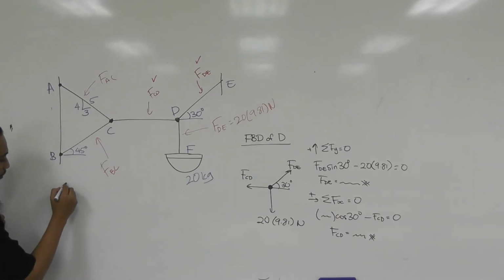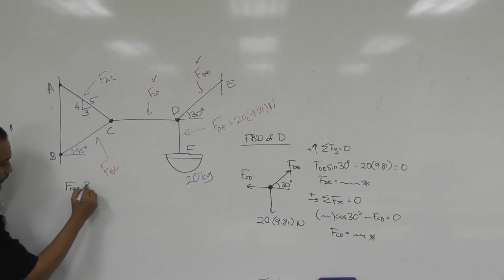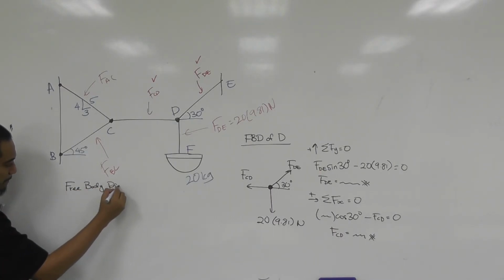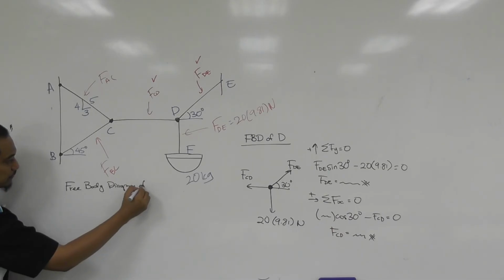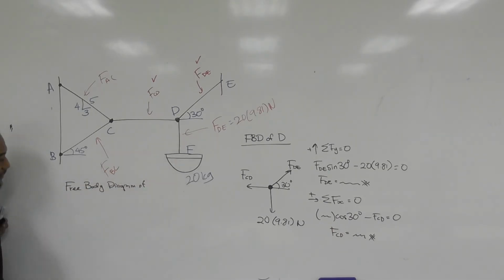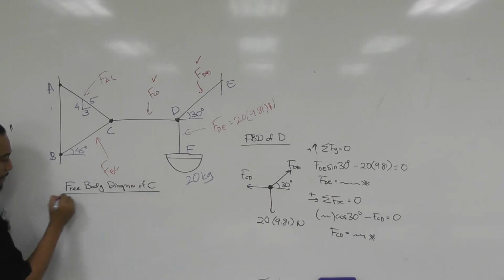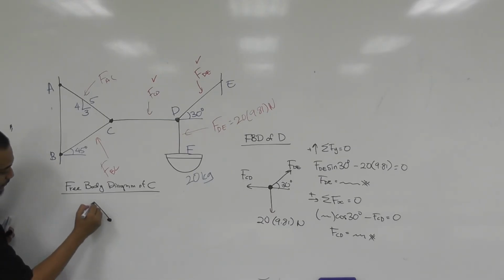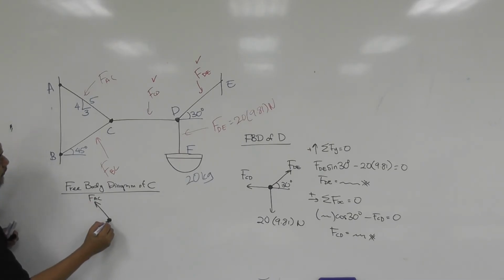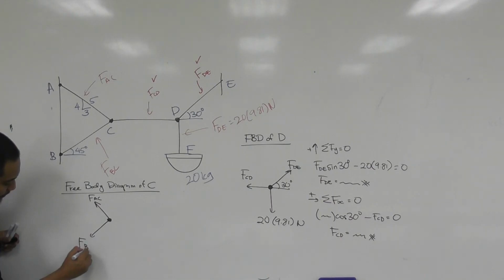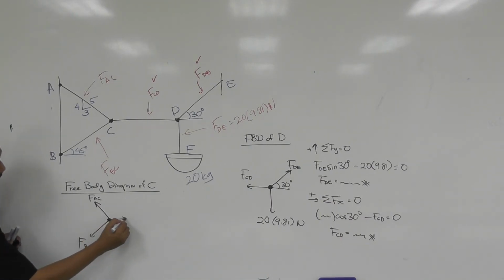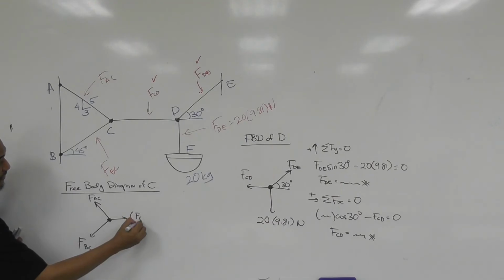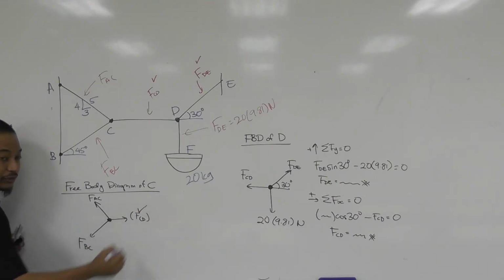So next we draw free body diagram of, okay, I might just write FBD, right? Of point C. Free body diagram of point C. So you have point here, point C, and then you have force there, which is FEC, and then you have force here, FBC, and then you have here FCD, which the value is already known, right?